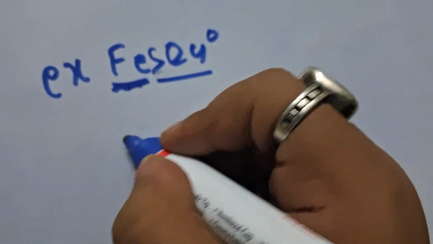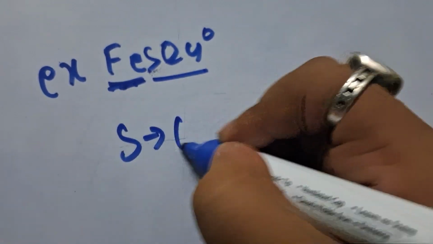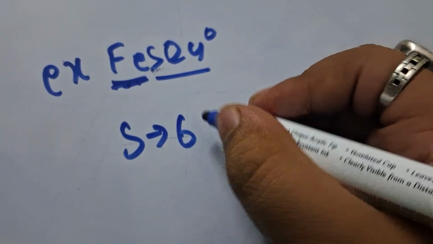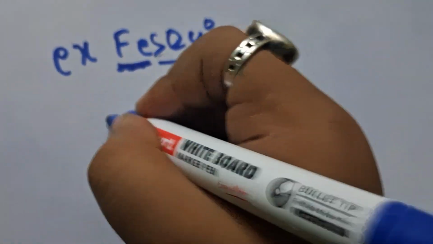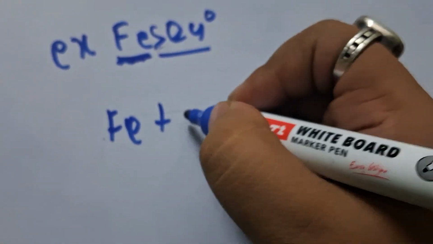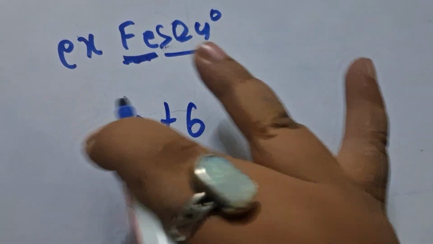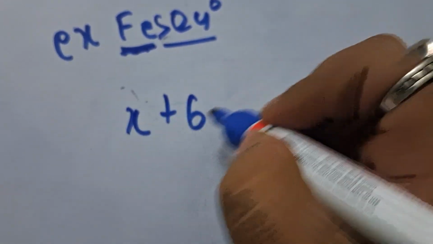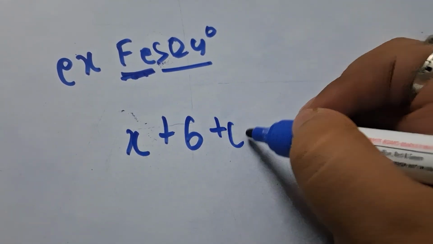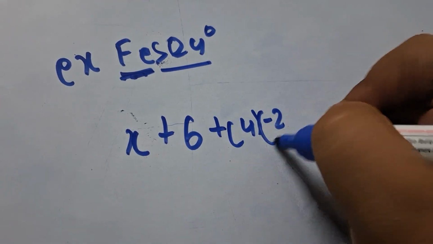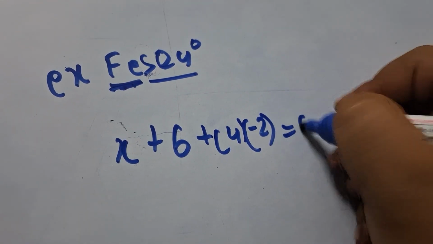SO4. Now sulfur's max oxidation state is 6. So we take the max oxidation state, yeah? Fe plus 6. Let's say this is X. So X plus 6 plus oxygen. Oxygen is minus 2. 4 into minus 2 equals 0.